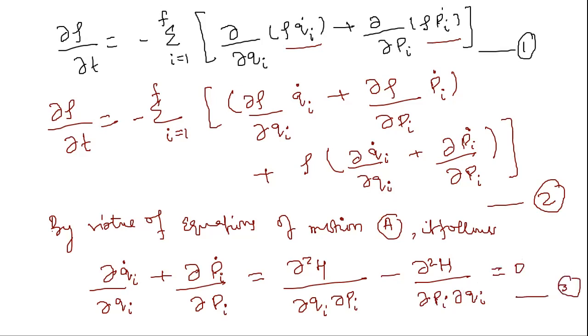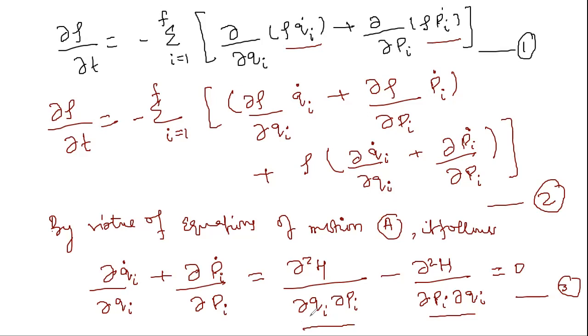What was the argument? The argument was that the Hamiltonian of the system is a state function. So whether you differentiate H first with respect to p_i, then q_i, or first q_i, then p_i, these second order derivatives will be equal. Therefore, this difference is 0. How do we obtain the second order derivatives?